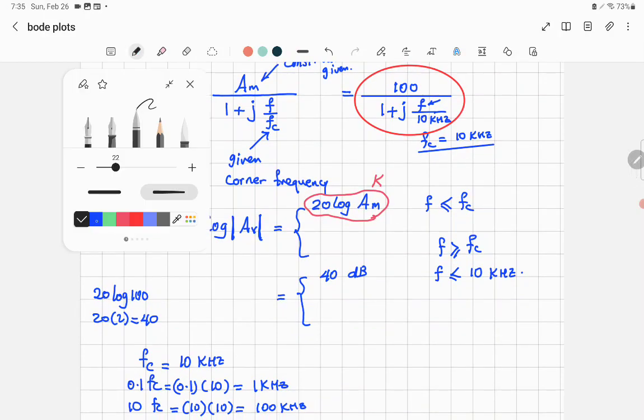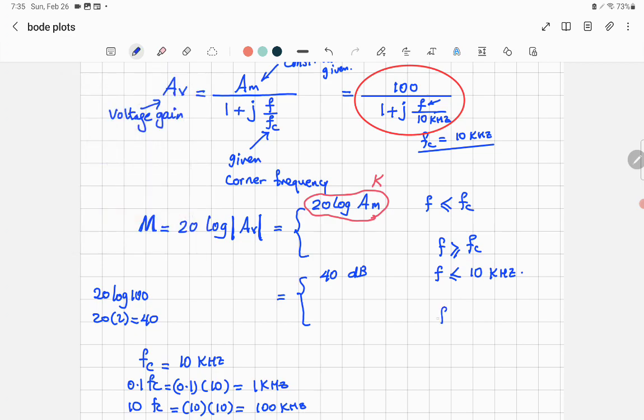All right. So now let's look at the second one, which is really important. I want you to pay attention to it. For the frequency greater than 10 kilohertz, or greater than the corner frequency, the equation in general will be equal to, we agree, 20 log AM, we call it K, minus 20 log F over FC.